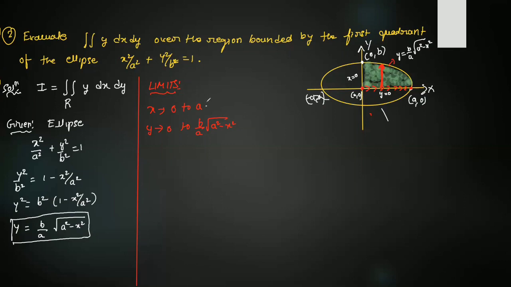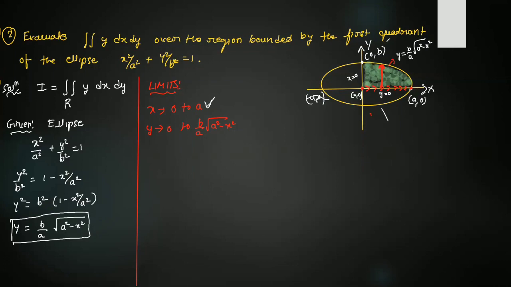You first identify that our bounded region is the first quadrant.